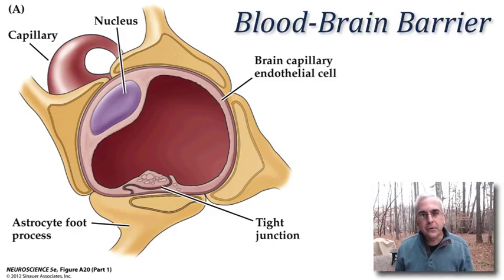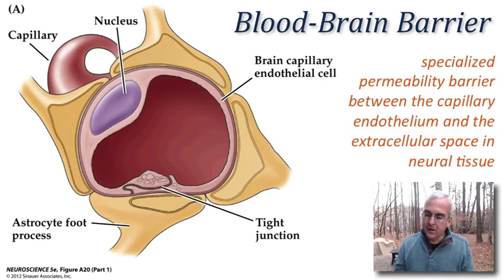Okay, now let's return to this concept of the blood-brain barrier as we conclude today's tutorial. The blood-brain barrier is a specialized permeability barrier between the capillary endothelium and the extracellular space within neural tissue. And it's formed by tight junctions between capillary endothelial cells.